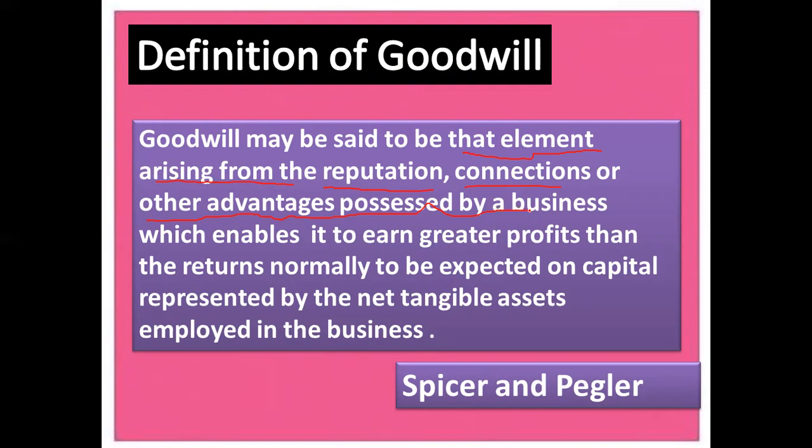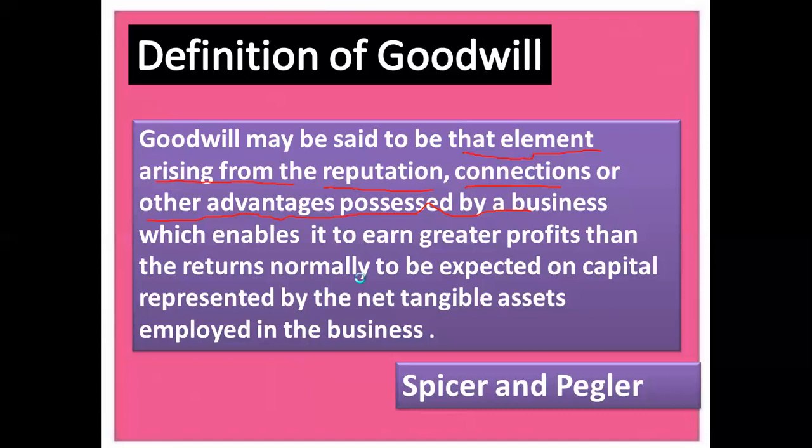And when this element is created, what happens? It enables the firm to earn greater profit than returns normally. Due to this reputation, connections, and other advantages, the business is able to earn higher profit than the normal profit. So this is the definition given by Spicer and Pegler.